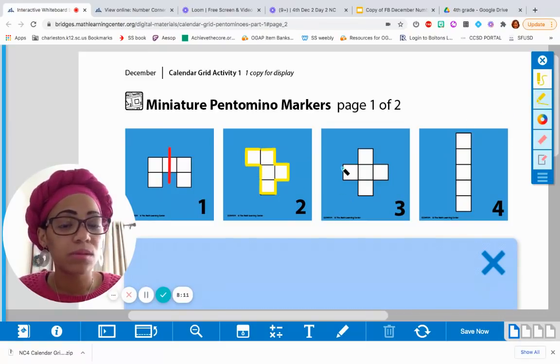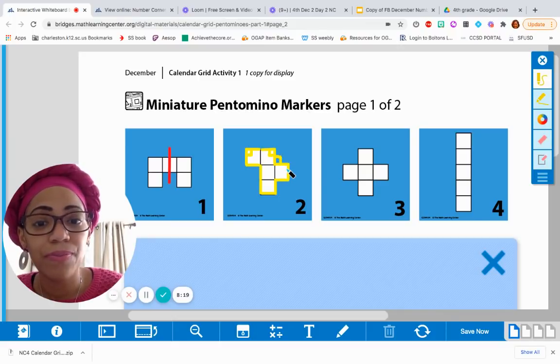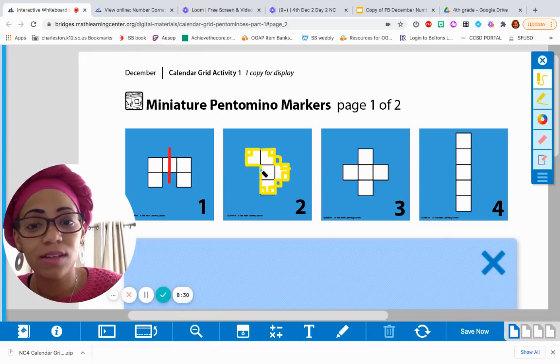And I'm going to show you where our right angles are. Here's a right angle. Here's a right angle. Here's a right angle. Right angle. Right angle. Getting the hang of this. Right angle and right angle.